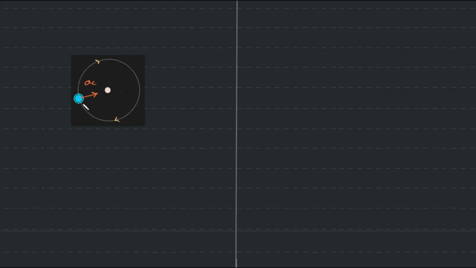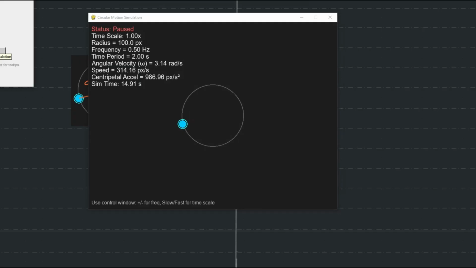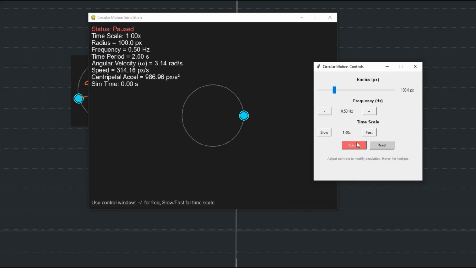Now, we are looking at the rate at which this particular object moves. For example, over here, it's moving at this rate. Now, if I make it faster, say it's moving at that rate.